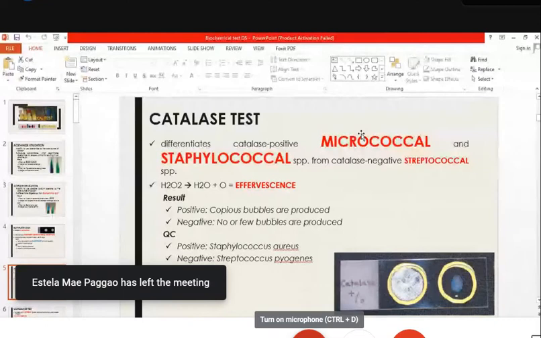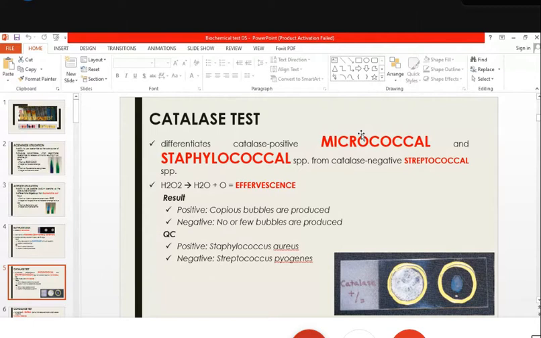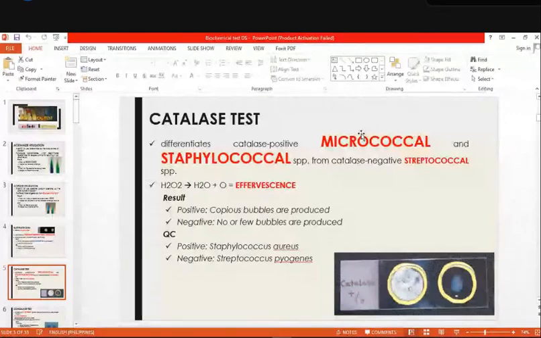Ano meron si blood? Anong composition niya na kaya nagkakaroon tayo ng hemolysis, pag yan ay may presence na hemolysis? Ano meron si blood? Siya ay may pseudoperoxidase activity na nare-release pag nag-lyse si RBC. Hemoglobin, ma'am.